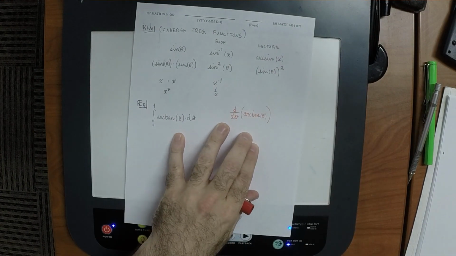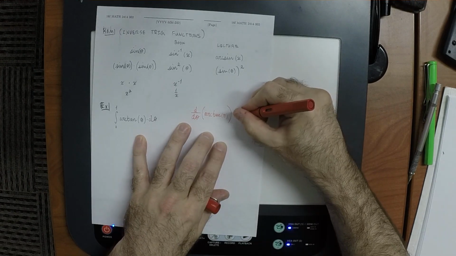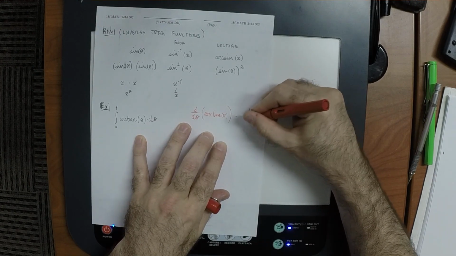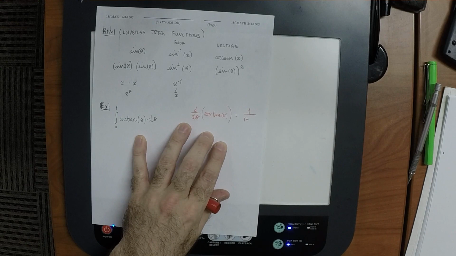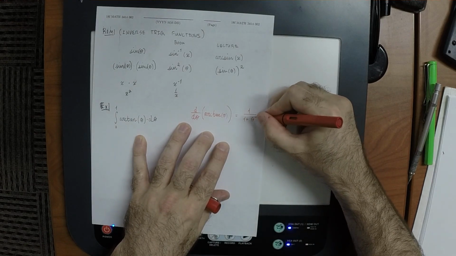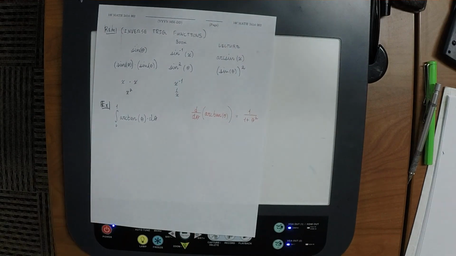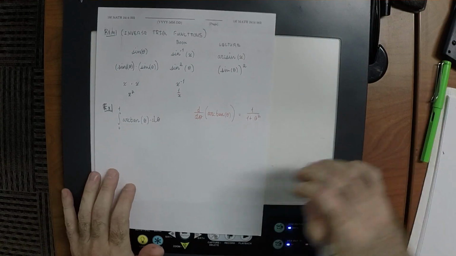It's 1 over 1 plus theta squared. Okay, good. So that's something you need to know in order to proceed.